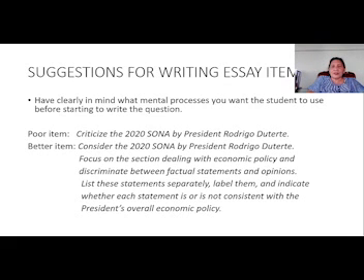List these statements separately, label them, and indicate whether each statement is or is not consistent with the president's overall economic policy. Perhaps you are teaching economics, no?